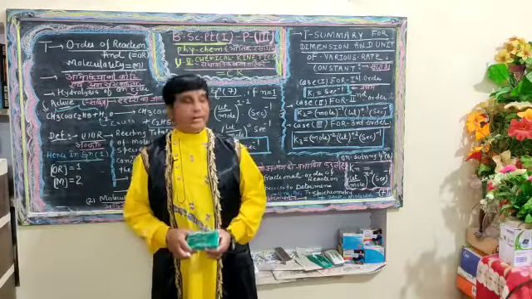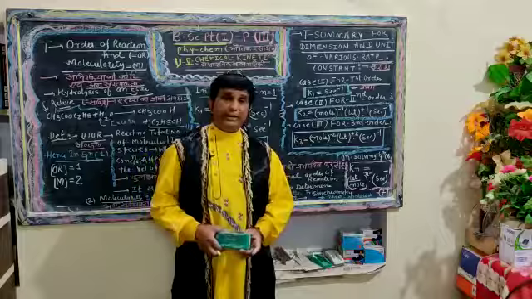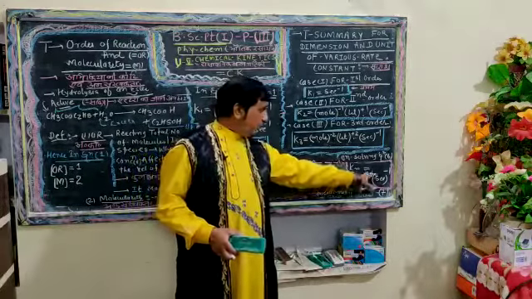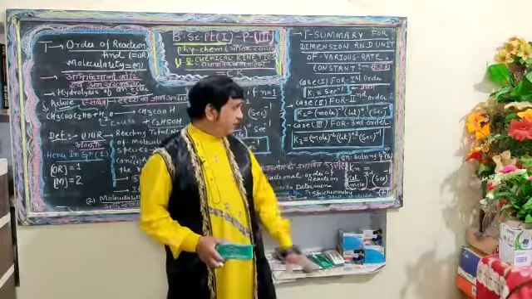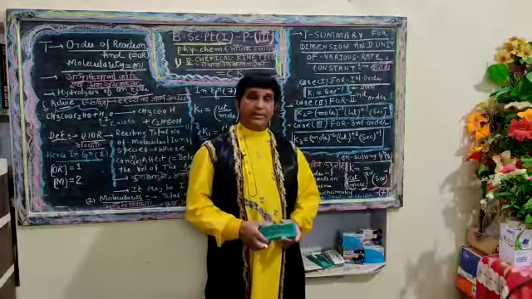When you substitute n equals 50, it is liter upon mole to the power 50 minus 1, second minus 1.